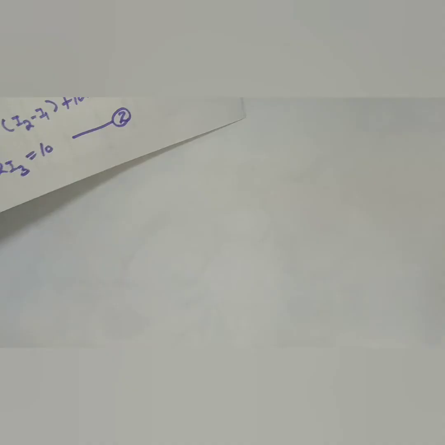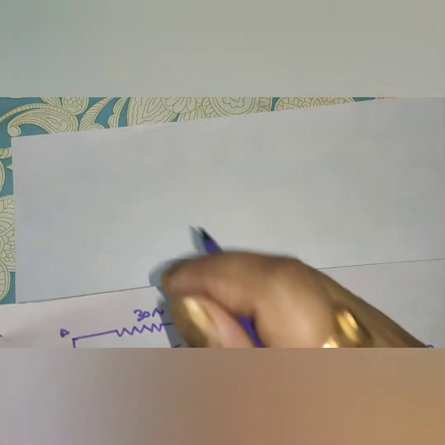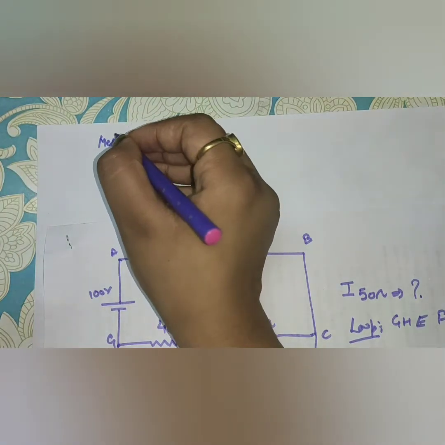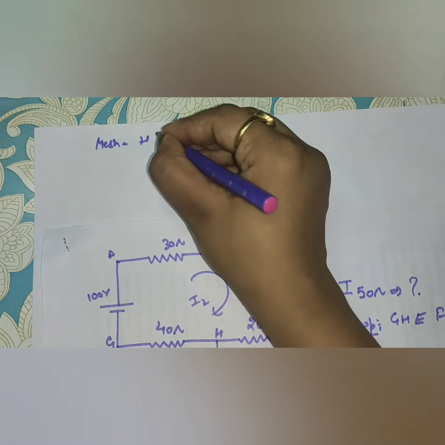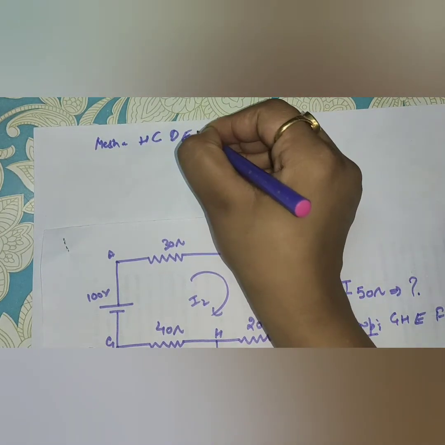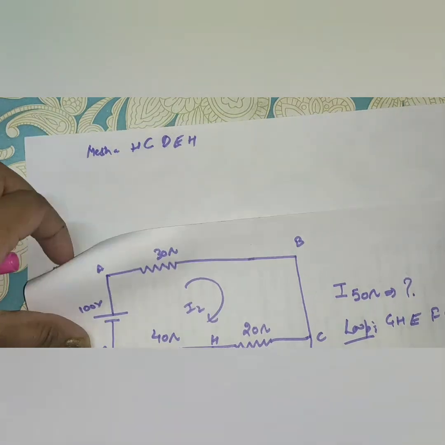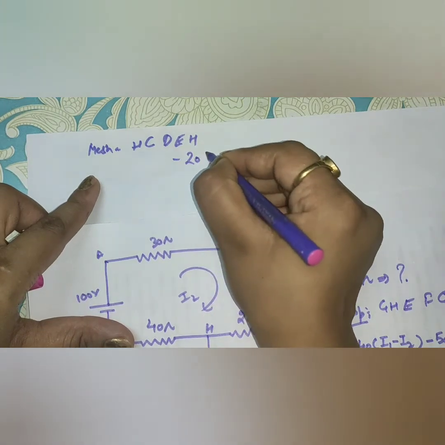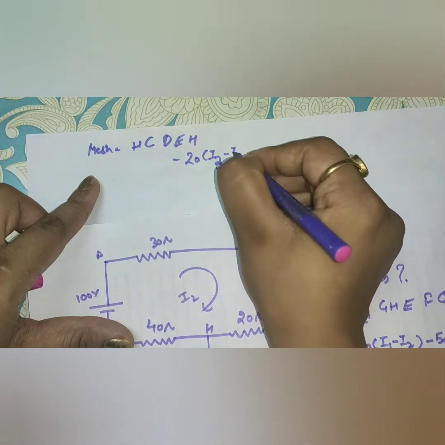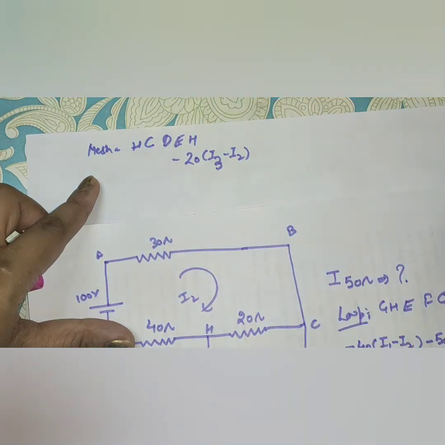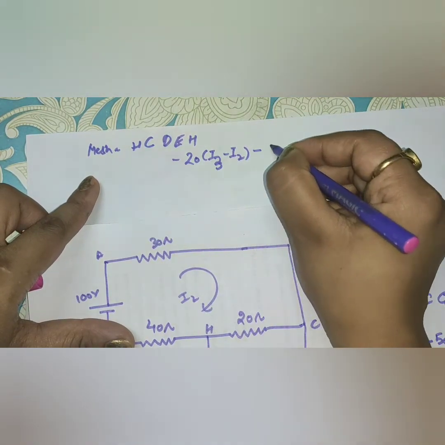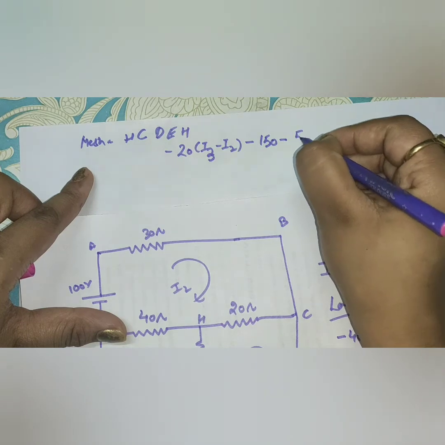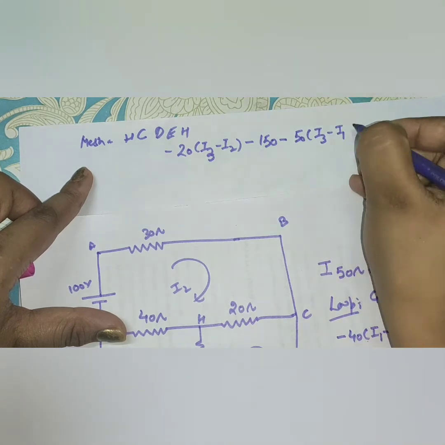Now I am writing here the mesh H, C, D, E, H. For this mesh, you can check: minus 20 times I3 minus I2, because in this direction the main current is I3, minus 150 volt, minus 50 times I3 minus I1, equal to 0.